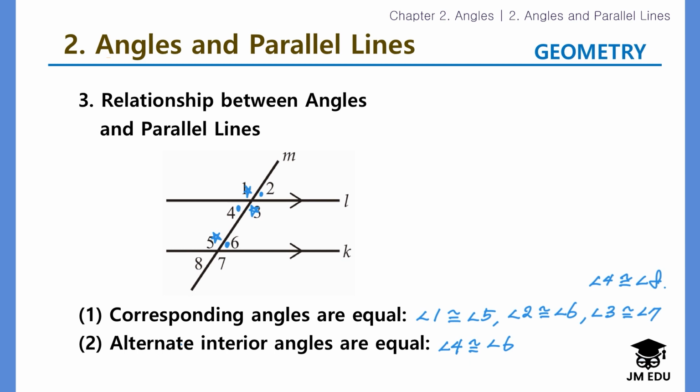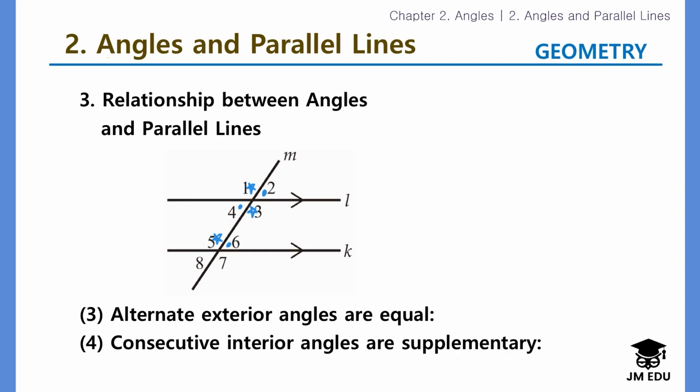Vertical angles. Therefore, angle number 3 and angle number 5, which are alternate interior angles, they are also congruent, right? So angle number 3 is congruent to angle number 5, right?